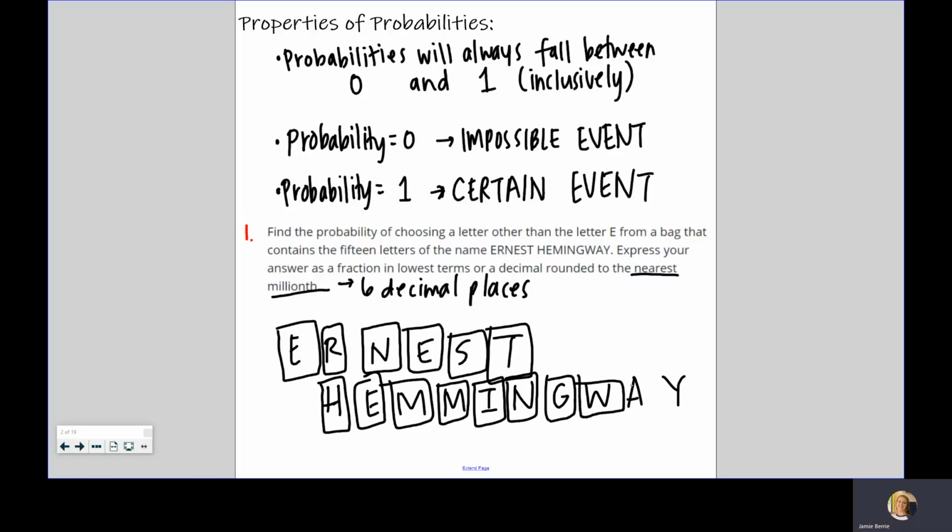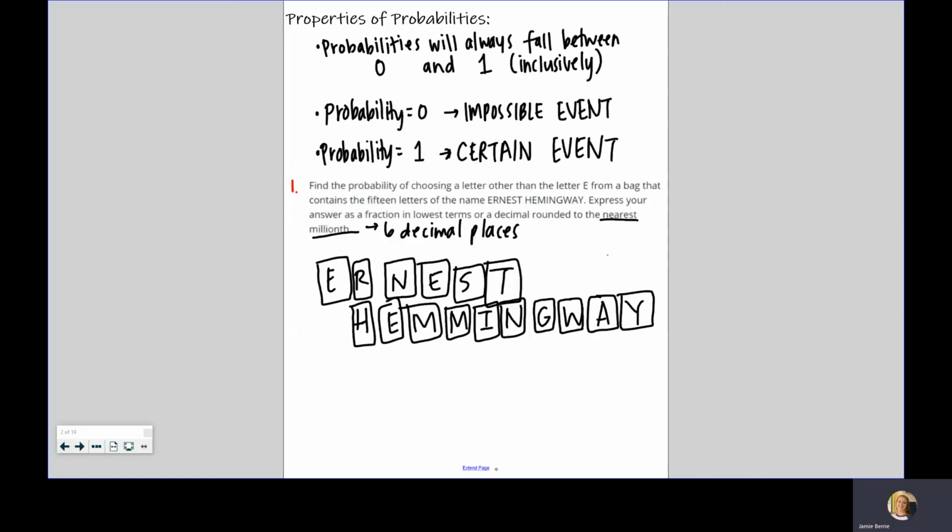I know this is taking me a long time, but I'm hoping it's going to help you visualize what I'm doing here. All right, so I put all these letters in a bowl, and I'm going to draw out a letter.